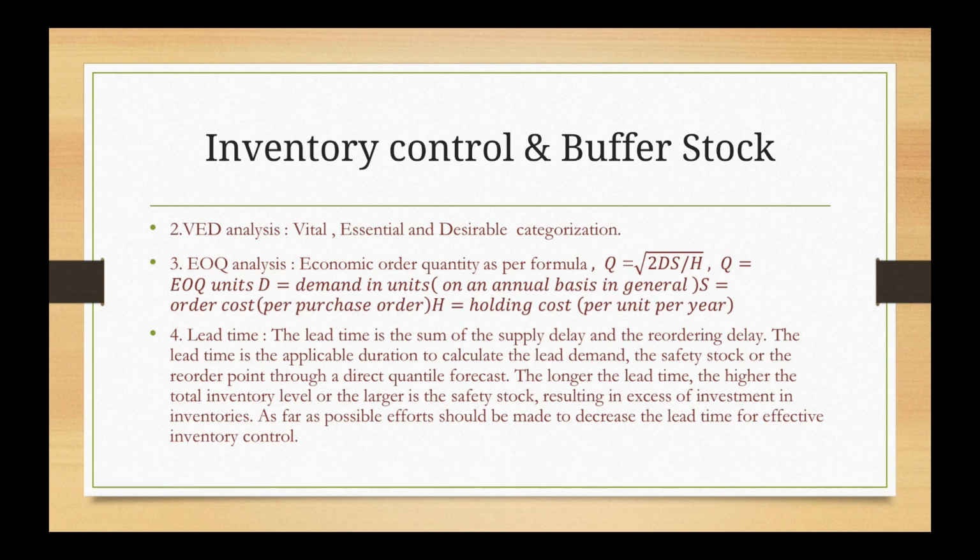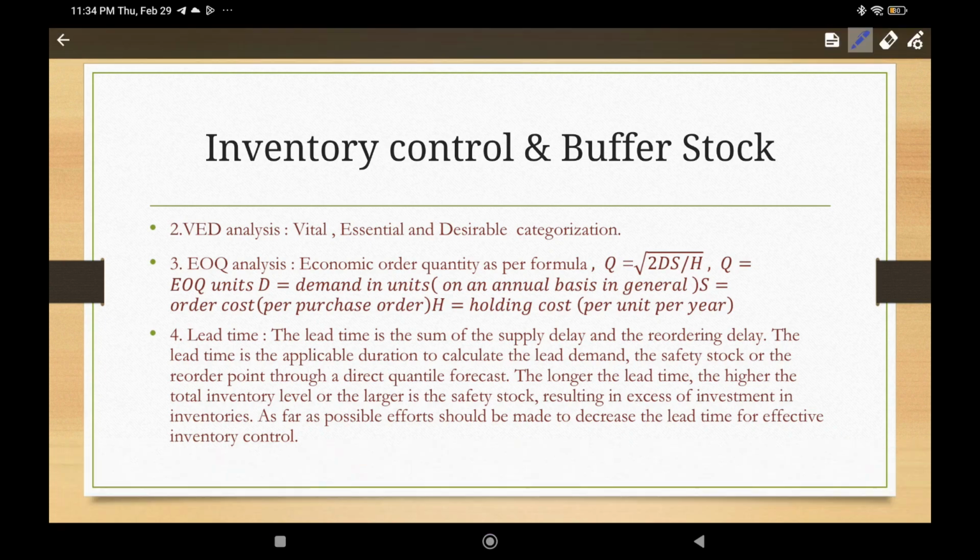Now the second system is VED analysis. In the essential drug list of our West Bengal government, an old system was there, but that was a very good system also. That is VED analysis, that is vital, essential and desirable categorization. Till now, whichever I have seen, that particular essential drug list was most rational and most effective, and I loved it.